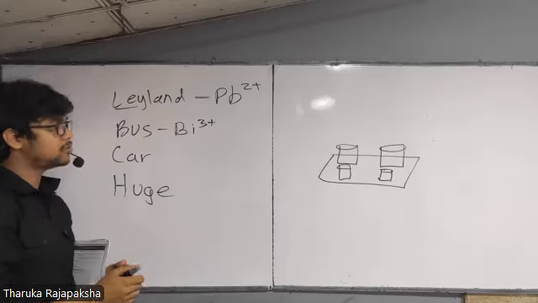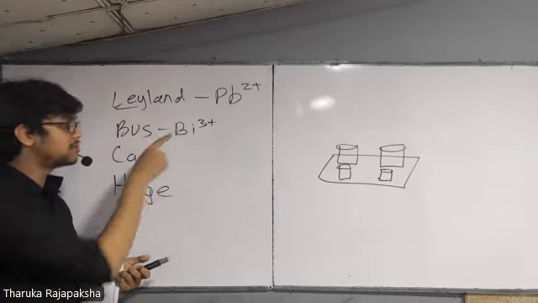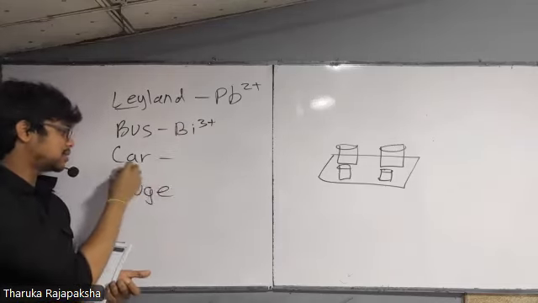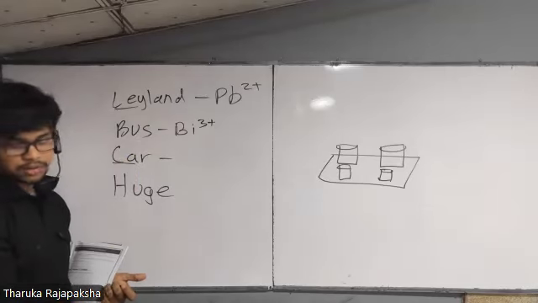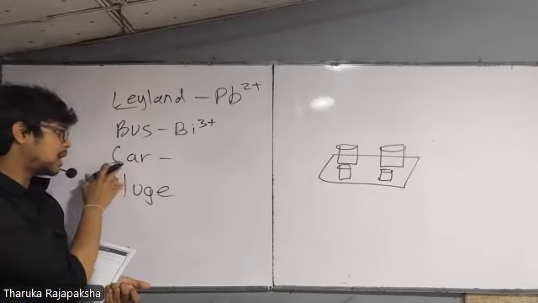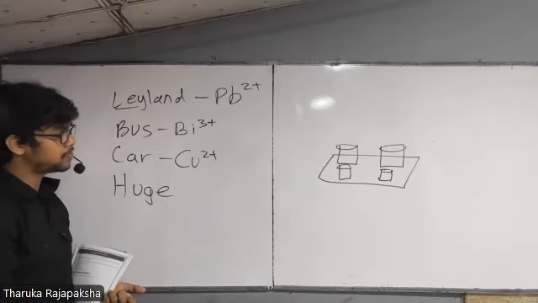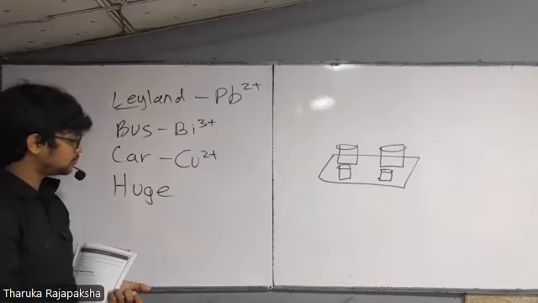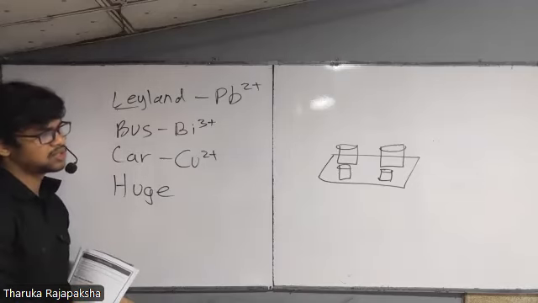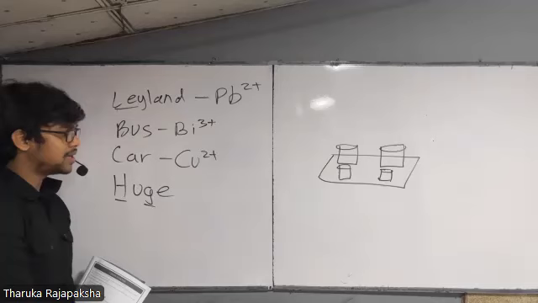At the end of group 15 you have bismuth 3+. Ca means what? Not calcium. Ca is copper, copper 2+. And huge, you know this: Hg.